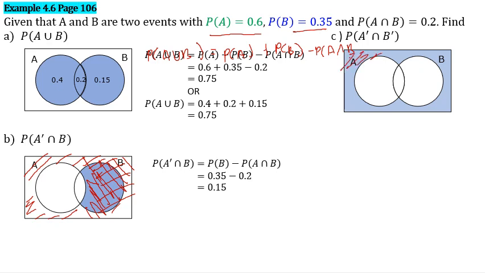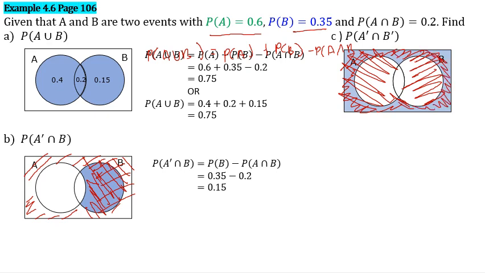So A complement is the area here, and the B complement is here. The intersection area is the outside of A and B. So for the calculation, it is 1 minus P(A union B). We got 1 minus 0.75, which is 0.25.